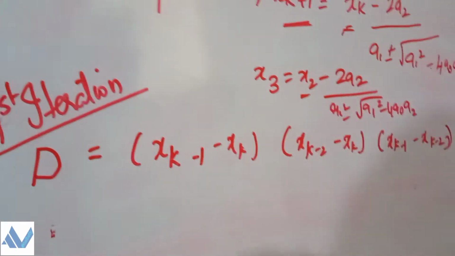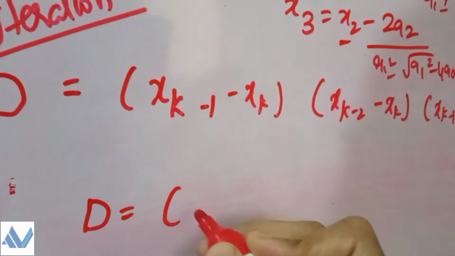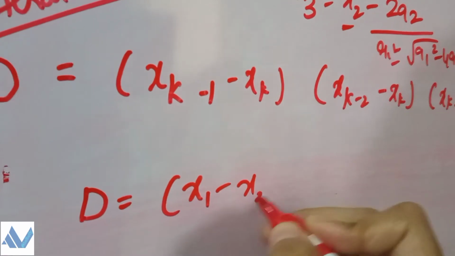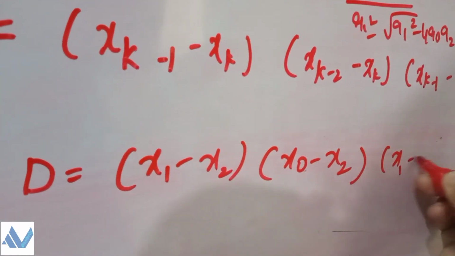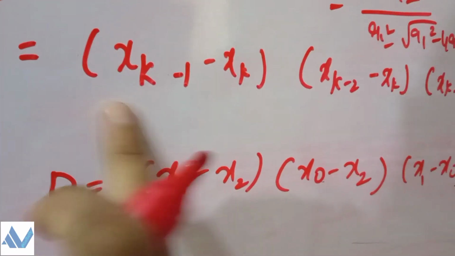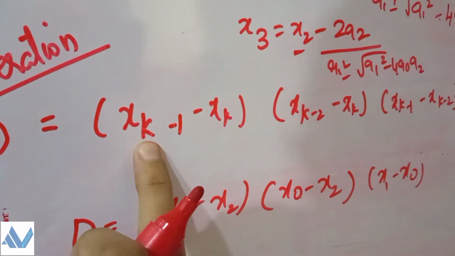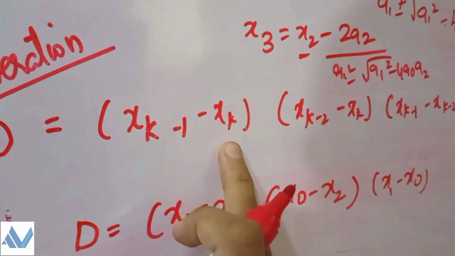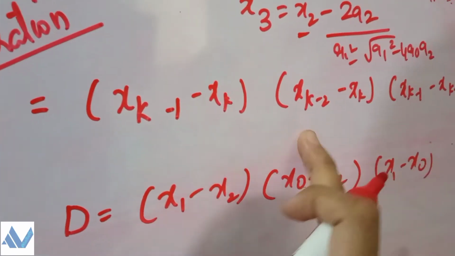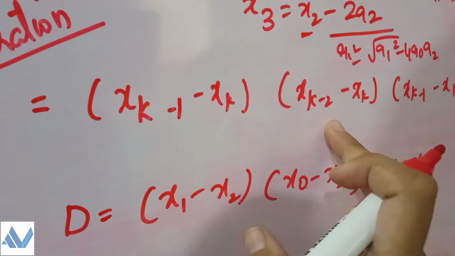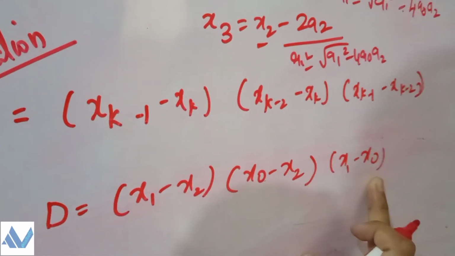As I told you, in the first iteration we require d, so we have to find d first. x_{k-1} is x1, so x1 minus x2, x0 minus x2 and x1 minus x0, substituting like that, we find d.